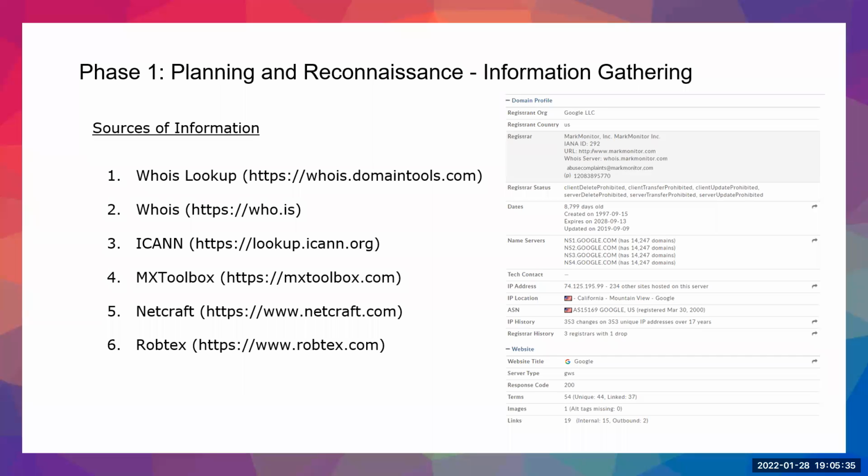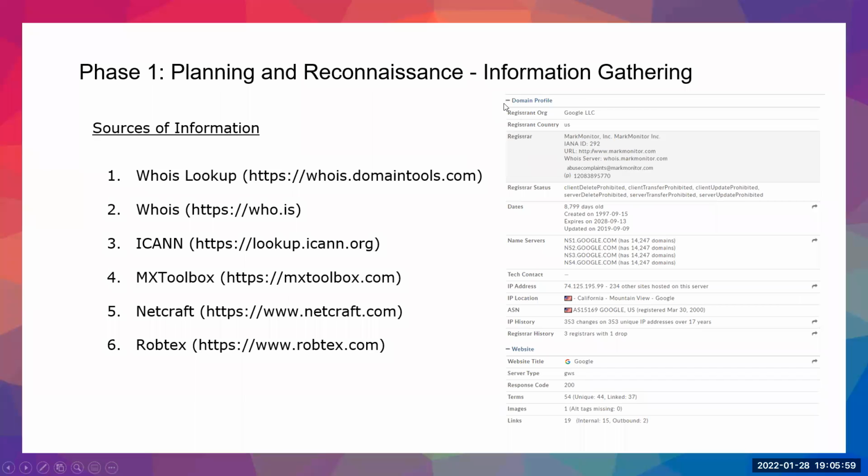We can use one of these websites to find out more information about the target website. For example, if I type in google.com in the whois lookup website, I will be able to obtain a list of Google information, which can be seen on the right of the PowerPoint slide.